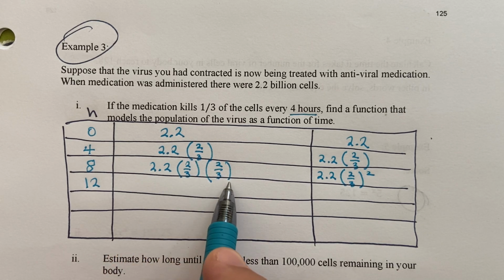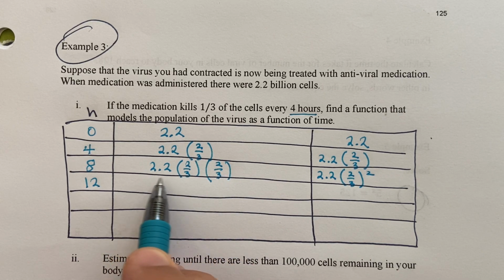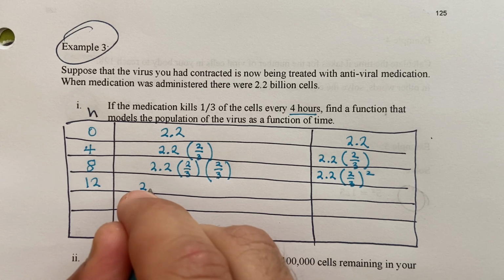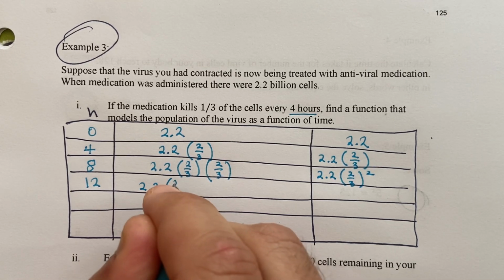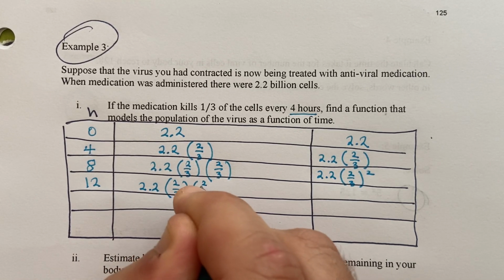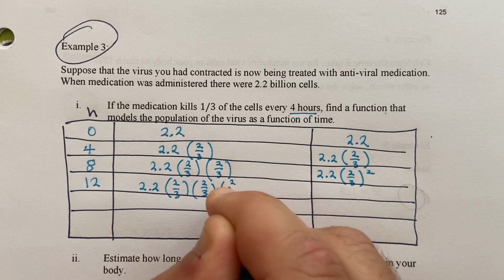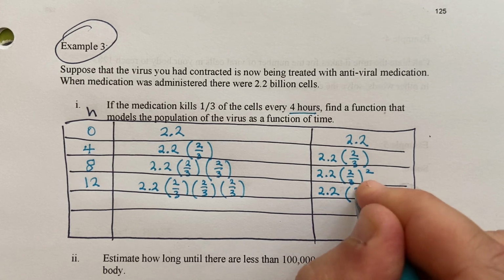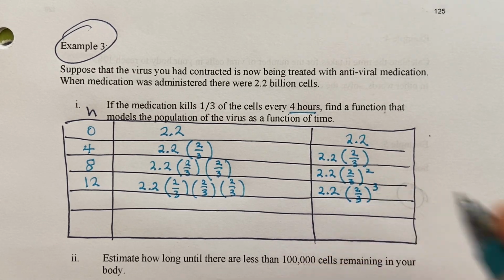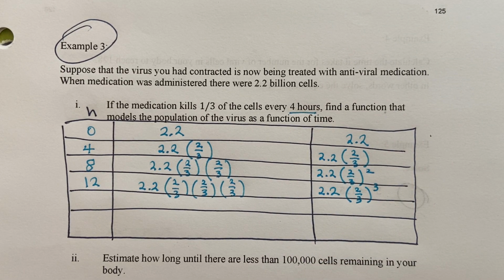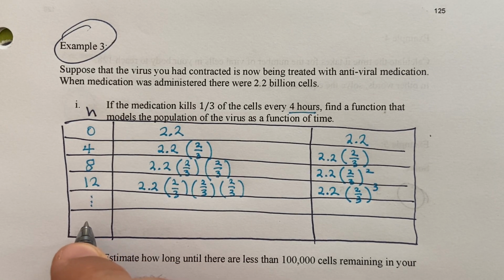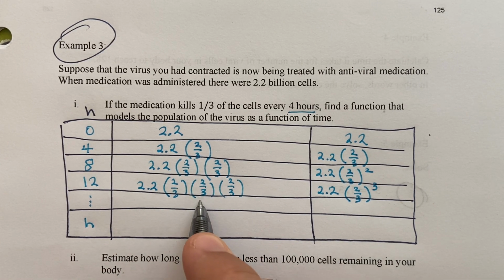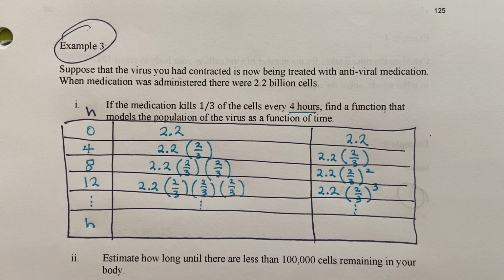Here is our previous starting amount, but only 2/3 of those survive because a third die off. So I'd have 2/3 times 2/3 times 2/3. So that would simplify to 2.2 times 2/3 cubed. Ultimately, what we want to do is say, okay, what about just some h number of hours?